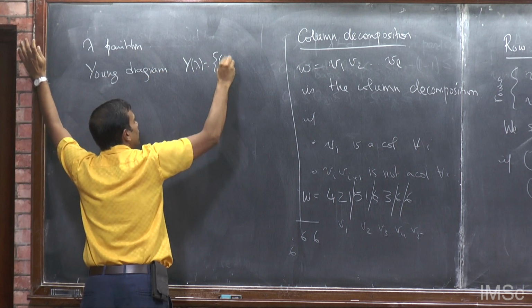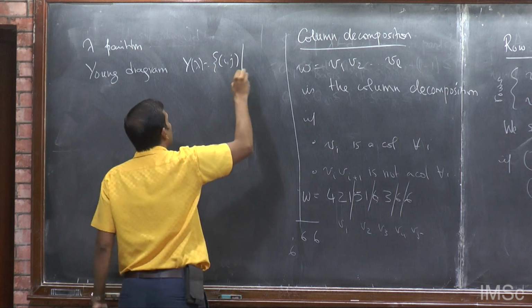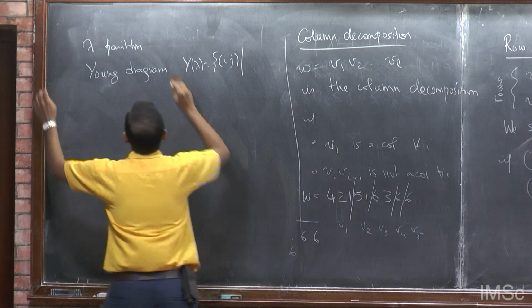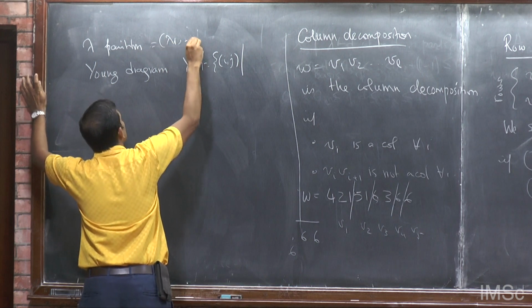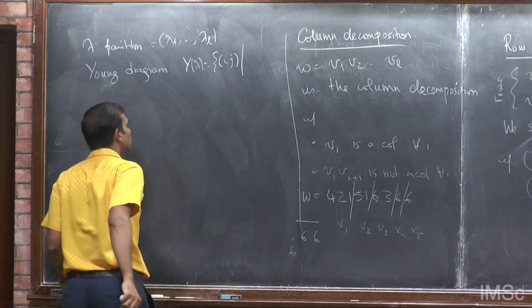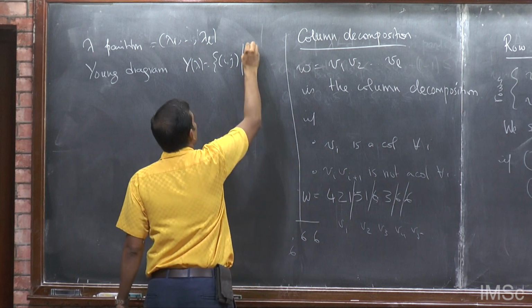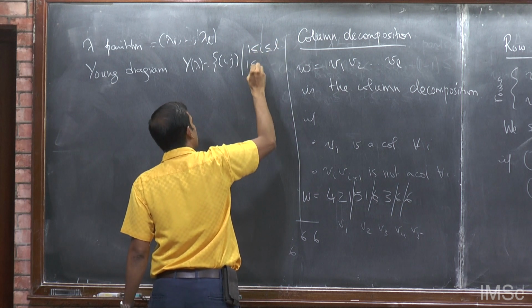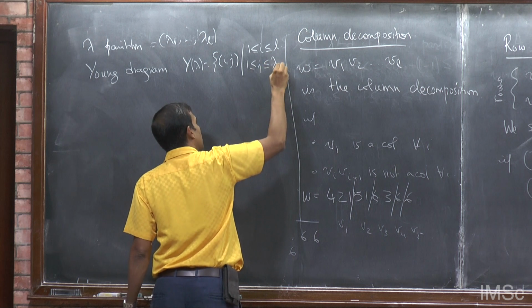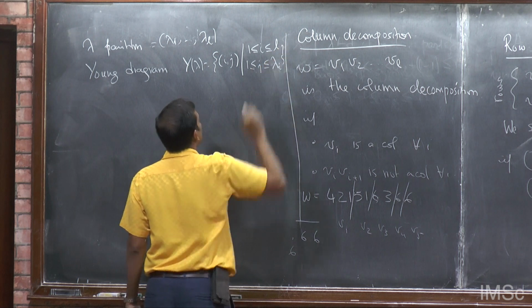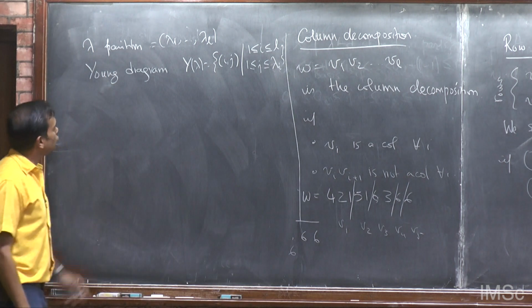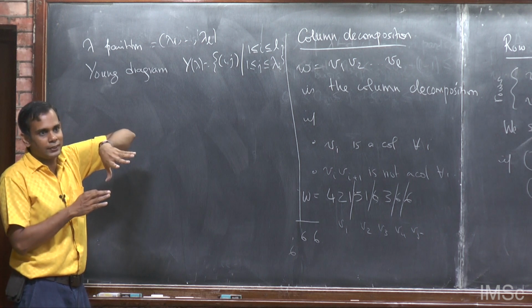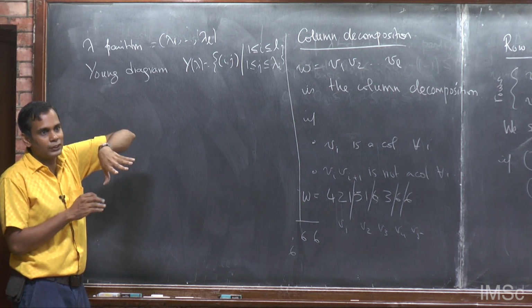It's the set of all pairs (i, j) where, let's say this partition has L parts, lambda 1 to lambda L, then 1 ≤ i ≤ L and 1 ≤ j ≤ lambda i. It's the set of all such pairs, and we'll usually plot these points the way we write down matrix entries. (i, j) represents the point in the ith row and jth column.